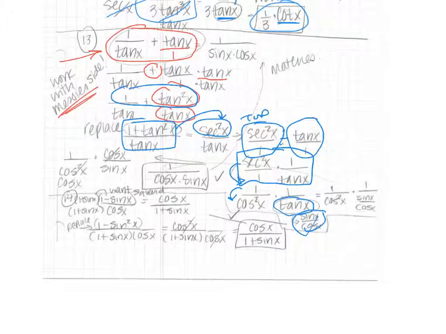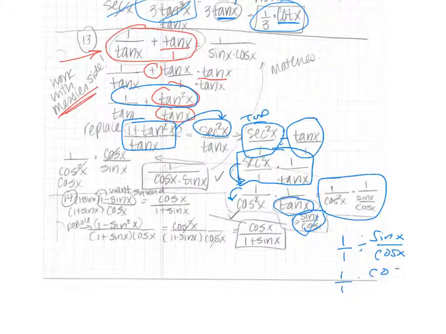And we now have 1 over cos squared times 1 over sine x. But top divided by the denominator is the same as 1 times cos x over sine x.